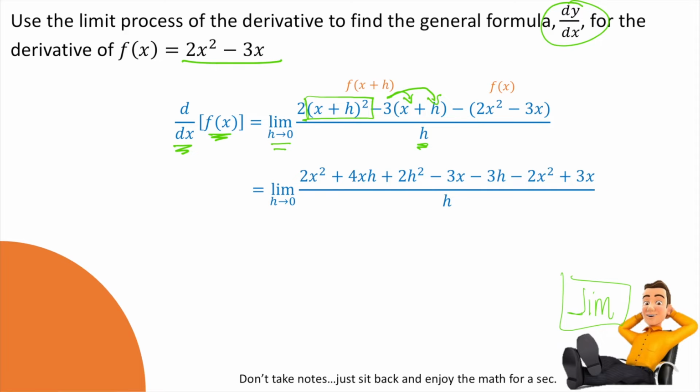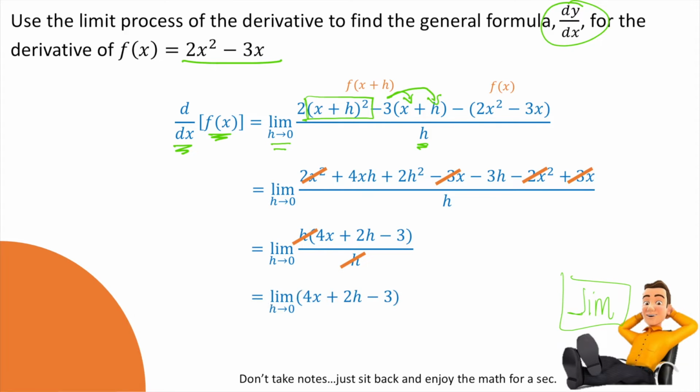It gets better from here, though. We can start canceling out like terms. Then we'll factor out an h and cancel that out. And then finally, we can take the limit as h approaches 0 and just stick 0 in for h. And we get 4x minus 3. It's kind of painful to go through all of that algebra.